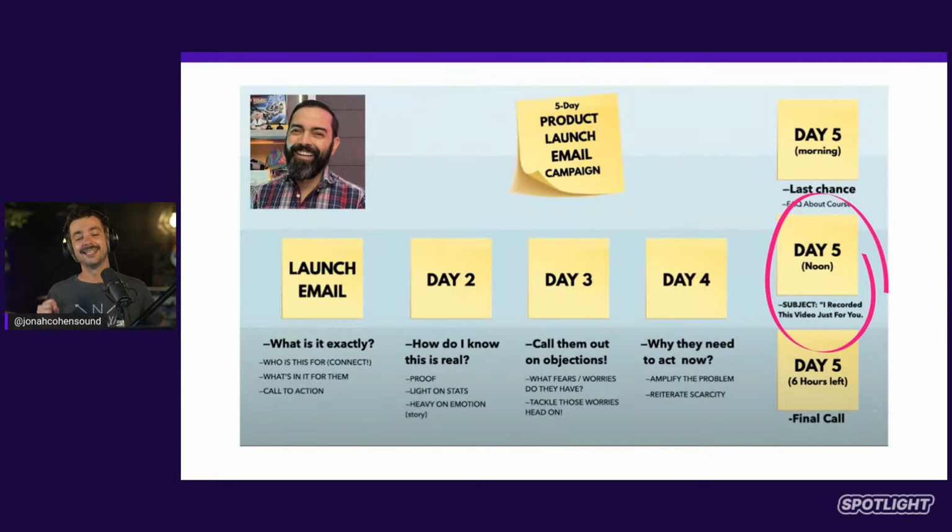And then this is where Pat Flynn really shines as a marketing mastermind. Day 5, around noon, you are going to send them a video. And again, I highly recommend going and watching this event because Pat Flynn shows the video he uses and it's really powerful. But this is a video addressed to you, the person opening the email, buying the course. It's a custom video, obviously not using their name, and I recommend that this is casual. This is supposed to be personal, casual.